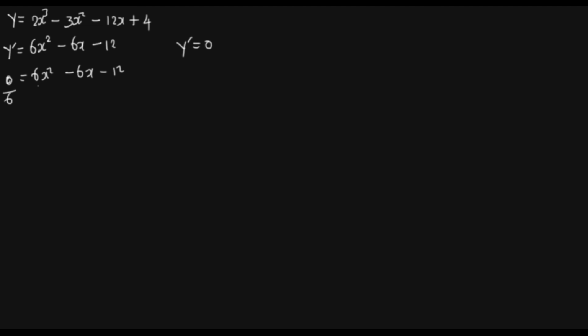We can reduce by dividing with 6. So here we have 0 equals x squared minus x minus 2. Then the product will be a is 1, c is negative 2, which is giving us negative 2.